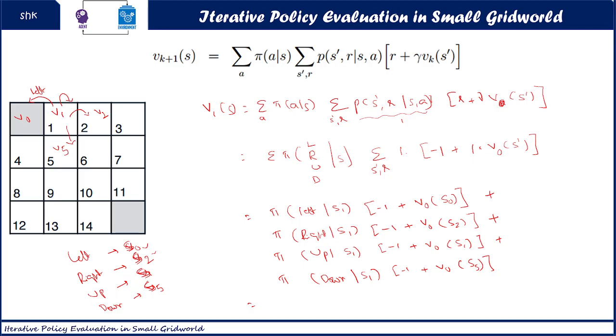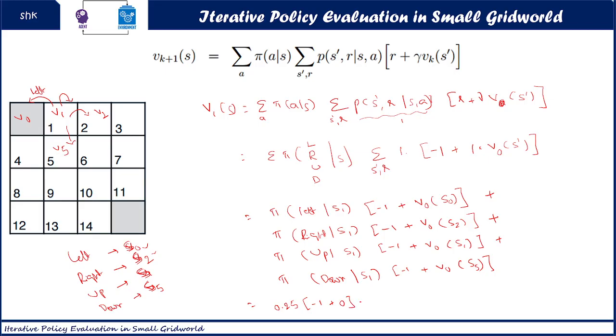Substituting the values, as we have considered for each and every action an equal probability, that is 0.25, times minus 1 plus the initial value we have considered for all the states, which is 0.